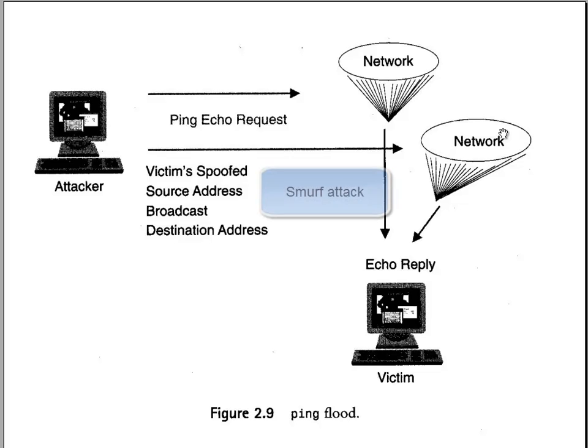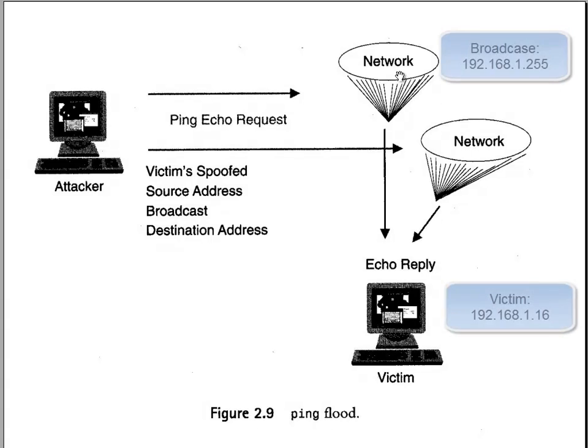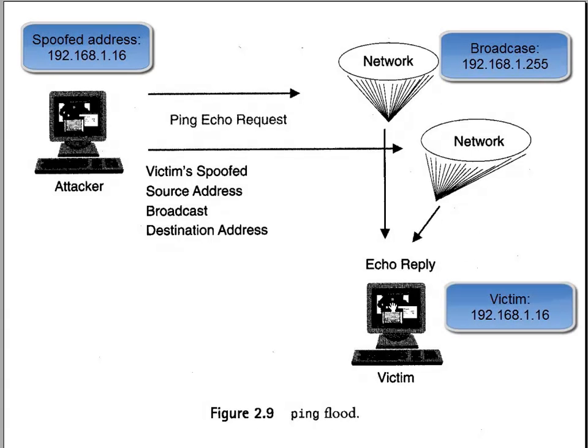Another type of protection afforded by the NetFilter firewall is against a ping flood, and this is called a Smurf attack. Here we have the attacker and we have the victim. The attacker sends a ping echo request to the broadcast address of the network on which this victim resides.